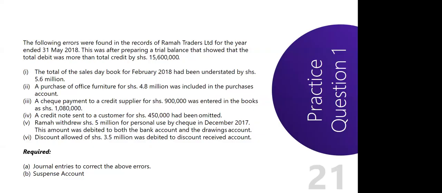No. Joseph is telling us, yes, it is an error of original entry. Then, Joseph, you're contradicting yourself. You're giving us the right answer, but you're contradicting yourself somewhere.